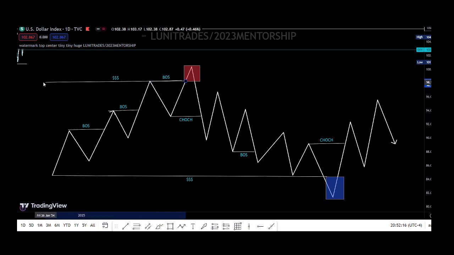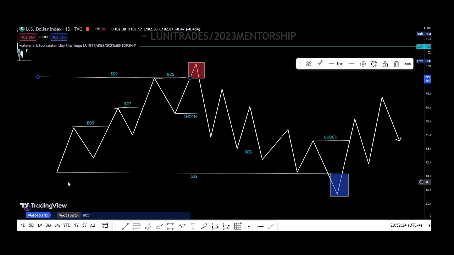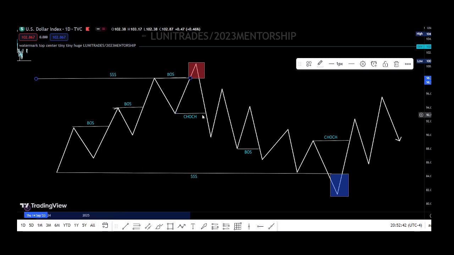So if I extend this in time, maybe there's another high there, like this low and this low when I was talking about the liquidity. So I'm just using this as an example of an equal high. You understand?